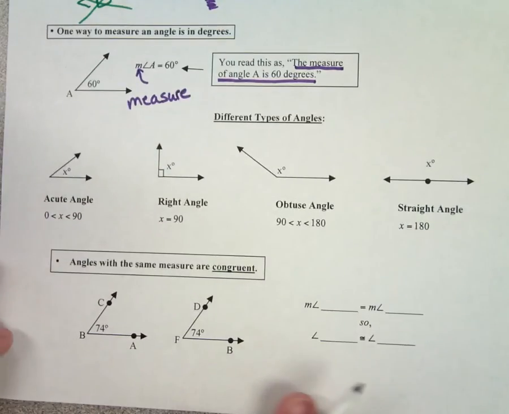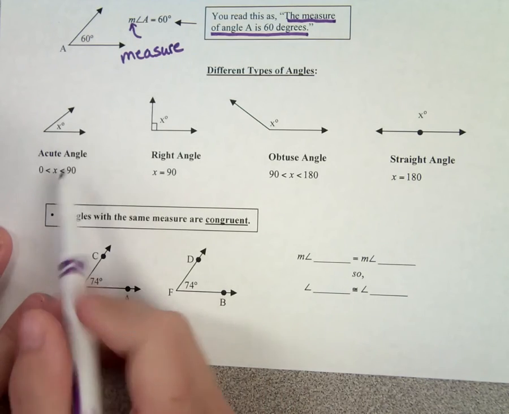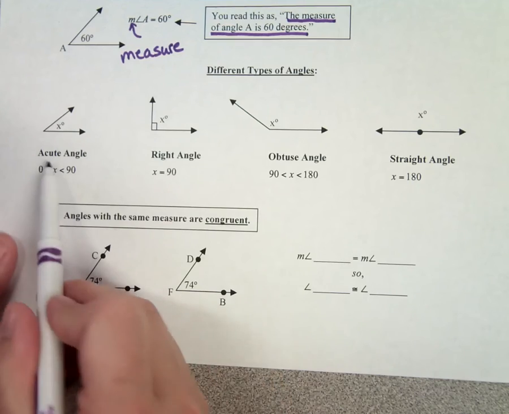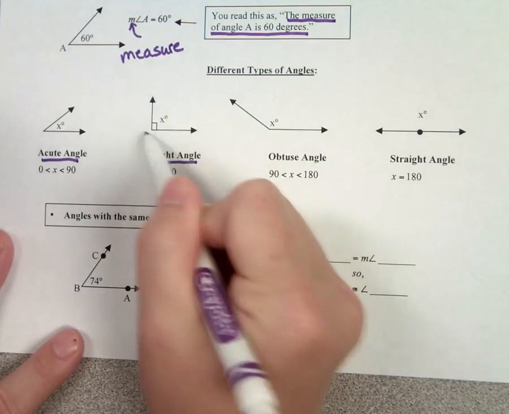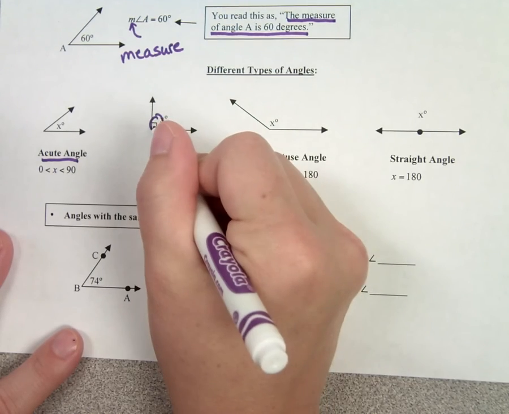Okay, these terms down here, they should look familiar to you. An acute angle is something that's less than 90 degrees, but bigger than 0. A right angle is exactly 90 degrees, and to know if something's exactly 90 degrees, you will typically see a right angle box.